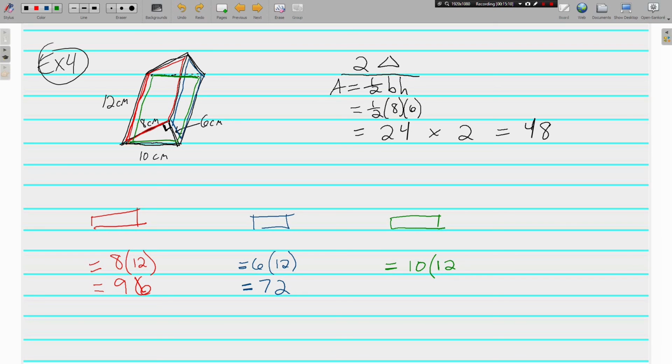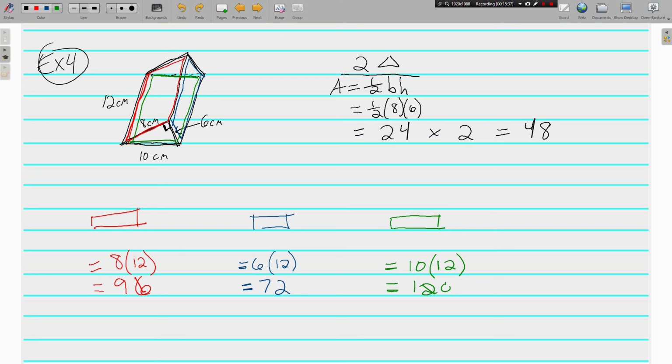If you look at the triangle, the length of the three sides of the triangle, 6 centimeters, 8 centimeters, 10 centimeters. All of those are being multiplied by 12. The red has the 8, the blue has the 6, the green has the 10. Each one of those side lengths is getting multiplied by the height of the prism.